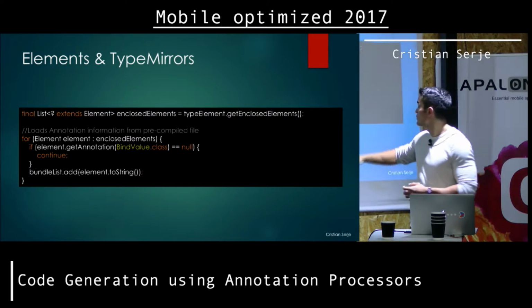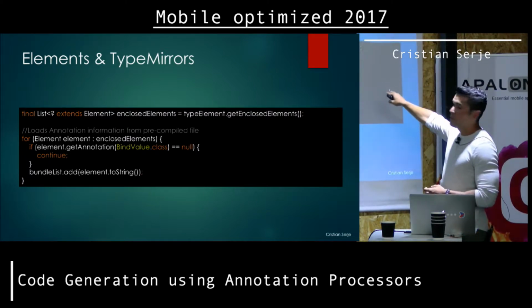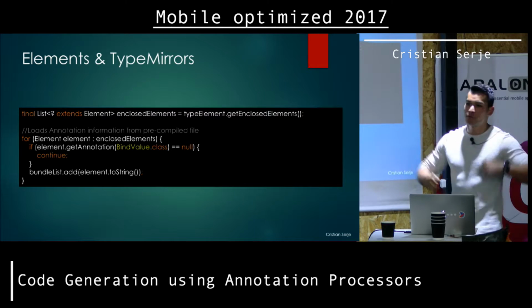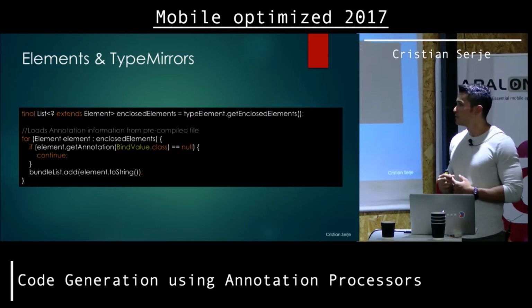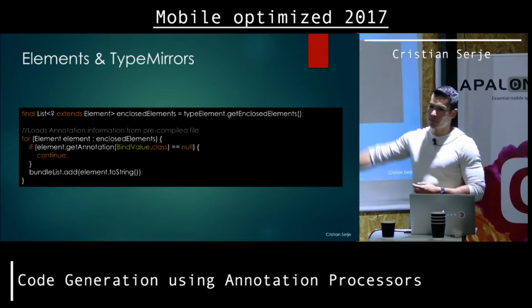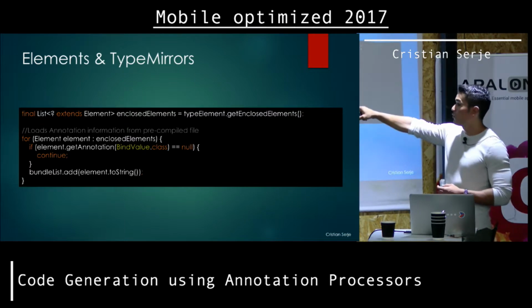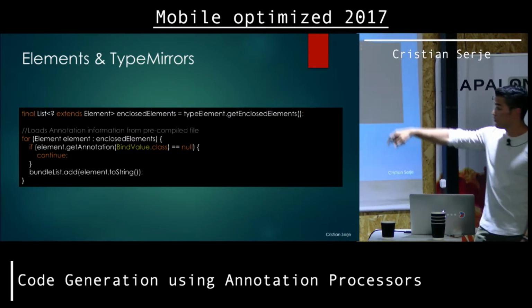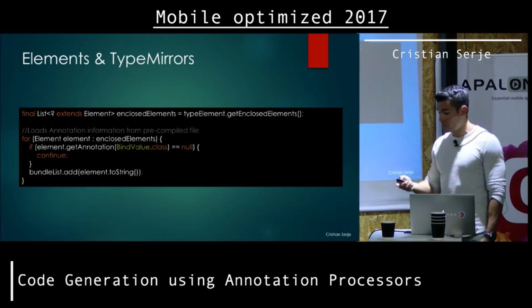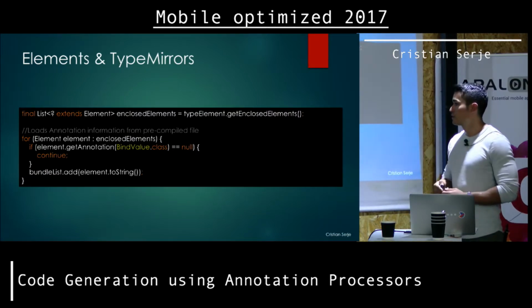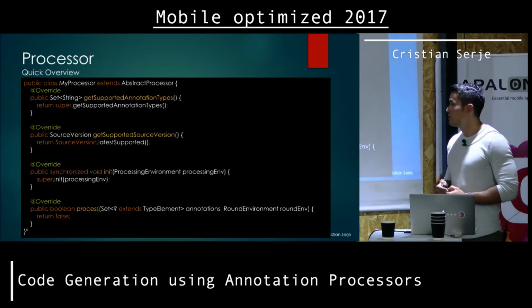It's pretty straightforward. With get enclosed elements, I just say give me all of your children, basically, and I iterate through them. Whenever it doesn't have the bind value annotation, I ignore it. Whenever it has it, I add it to the list. I will show how it works later.